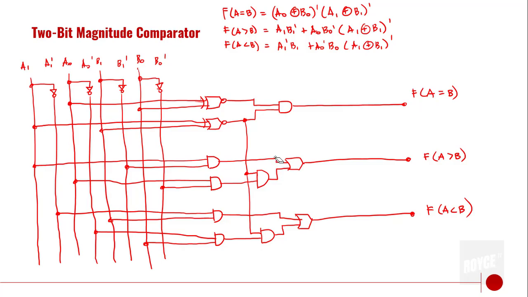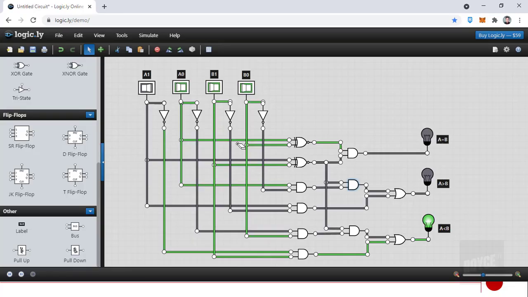From our logic diagram, if you have an access to the internet, or you have an offline circuit simulator, or you have a circuit board, or a trainer board where you can do a prototype, then you can make the circuit para ma-check natin kung tama ba siya or hindi. Then pagka tama siya, then you can already make the circuit.